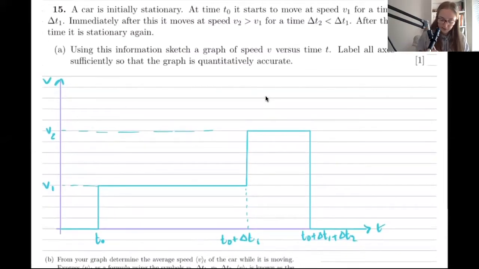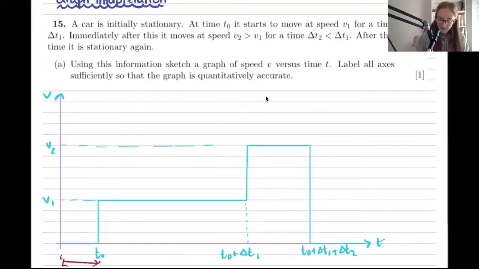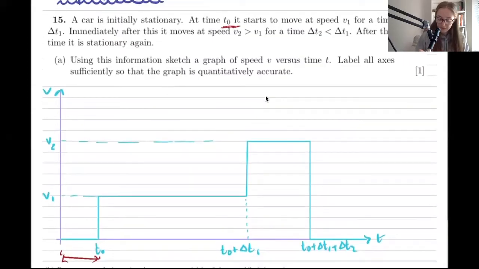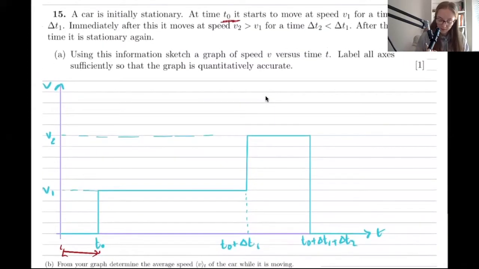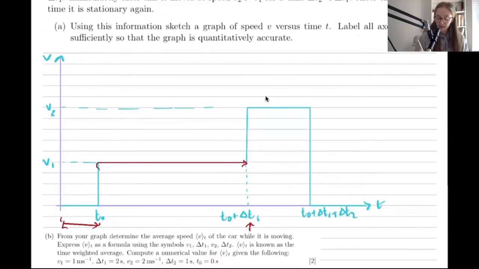So initially the car is stationary. So we have some period here where the car is stationary. And then at this time, t is 0, it starts to move at speed v1. And it's a constant speed, or constant velocity if you'd rather, for a time delta t1. So the time at this point here would be t0 plus delta t1.